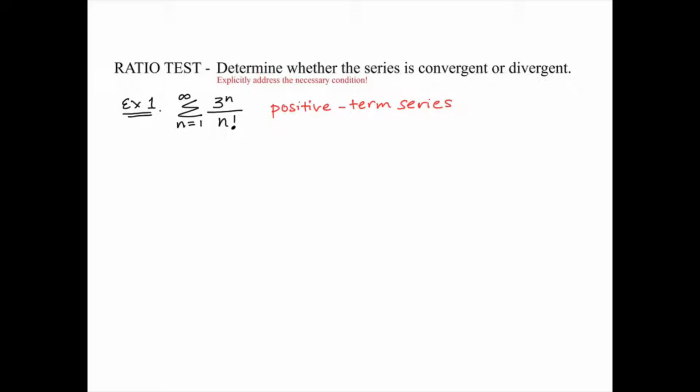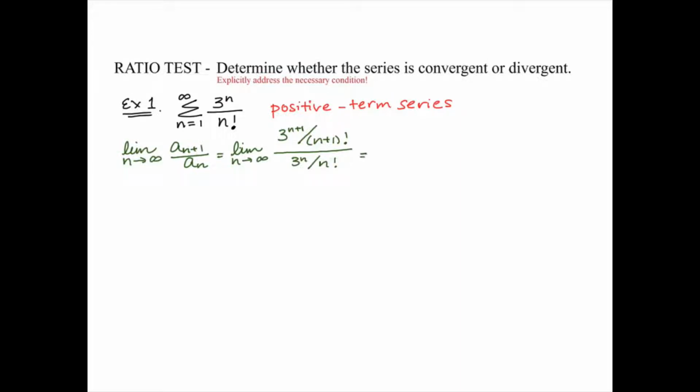So I'm going to take the limit as n approaches infinity of a sub n plus 1 over a sub n, which is the limit as n approaches infinity of 3 to the n plus 1 over n plus 1 factorial divided by 3 to the n over n factorial.